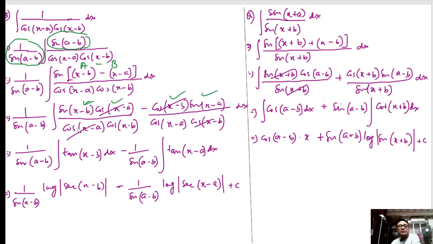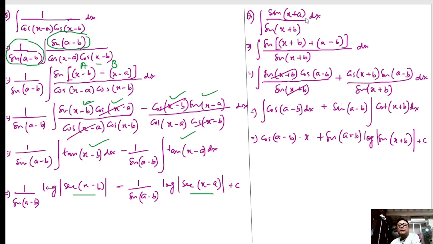So these cut, and then it becomes tan x minus b, and this becomes tan x minus a, and tan is log sec. So log sec x minus b, log sec x minus a. Okay, so this is how we are doing this sum.